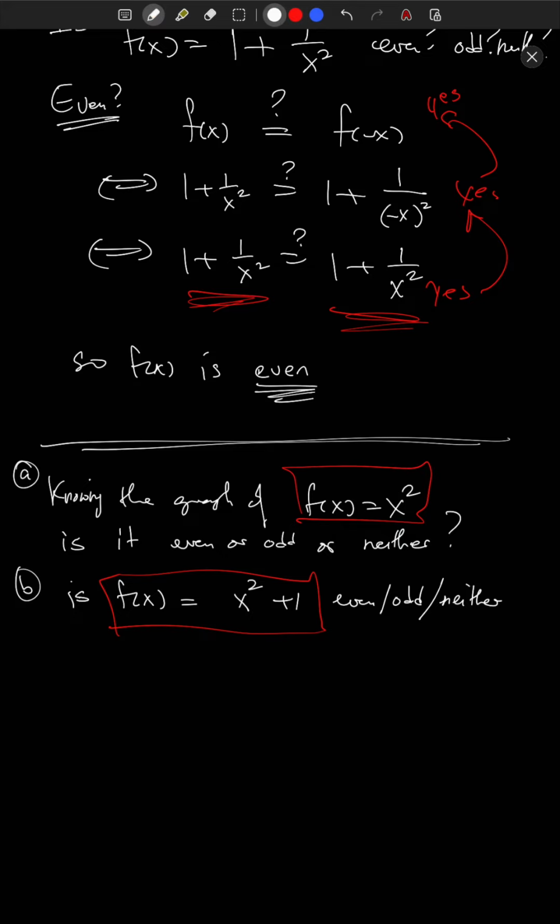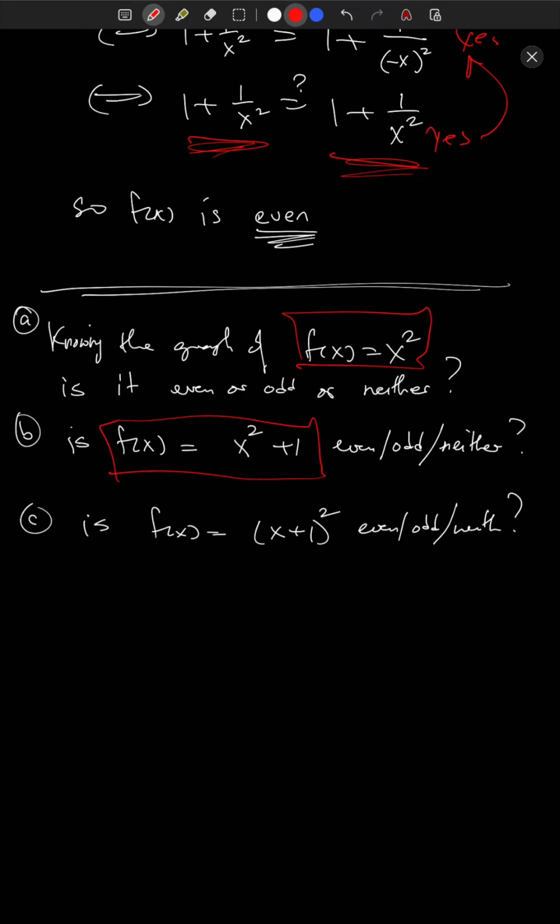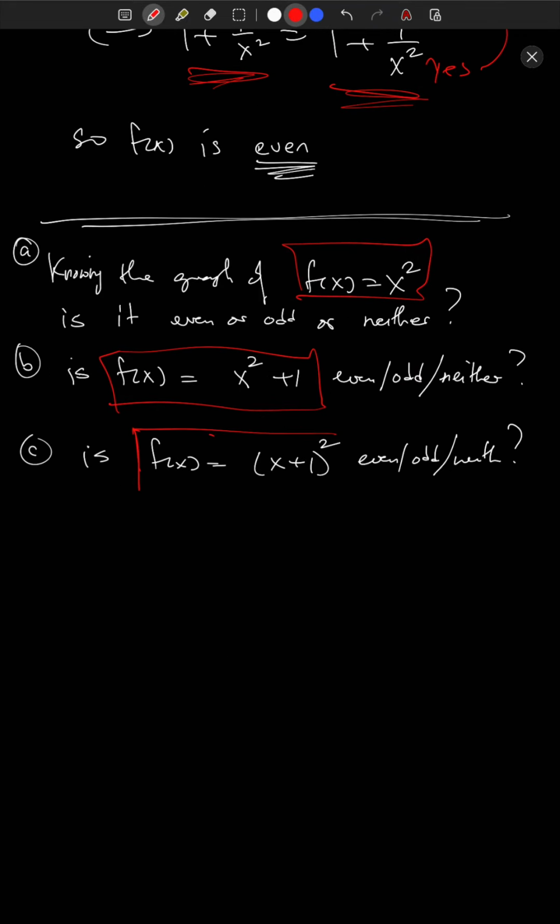All right. And then C would be, is f of x equals x plus 1, whole thing squared, even, odd, neither? And again, try to think of this question graphically. What is the relationship between this graph and the graph of f of x equals x squared? And you should be able to answer the question.